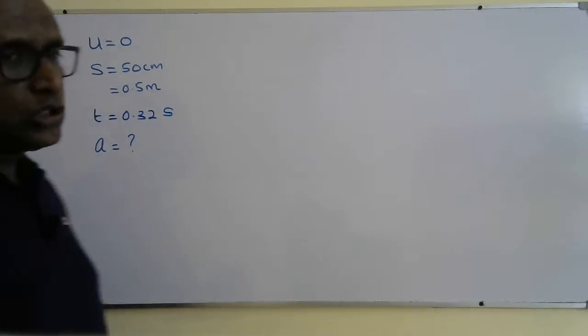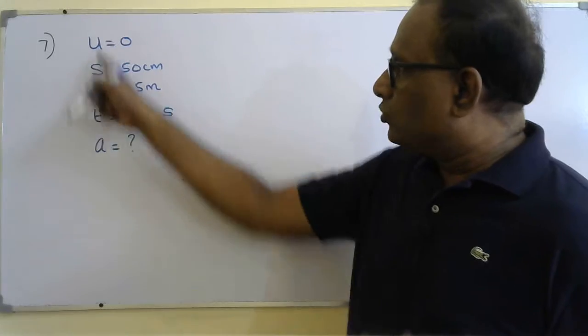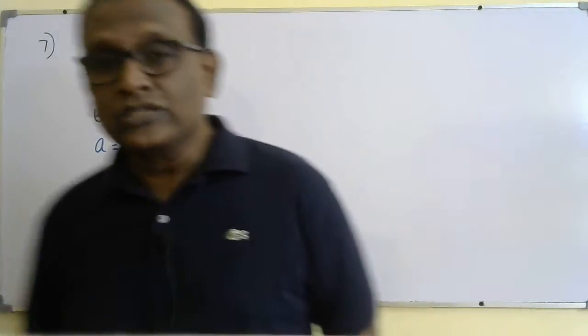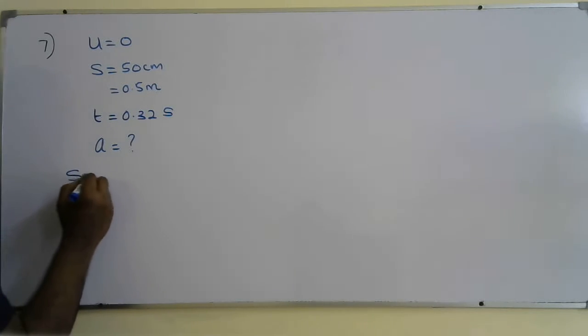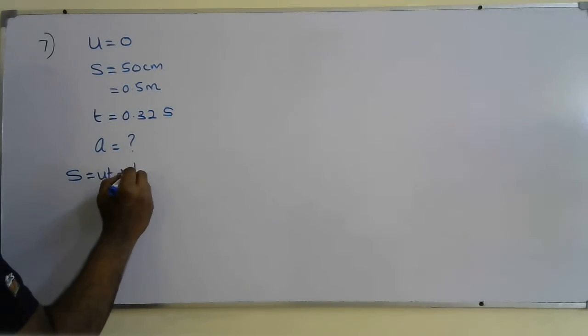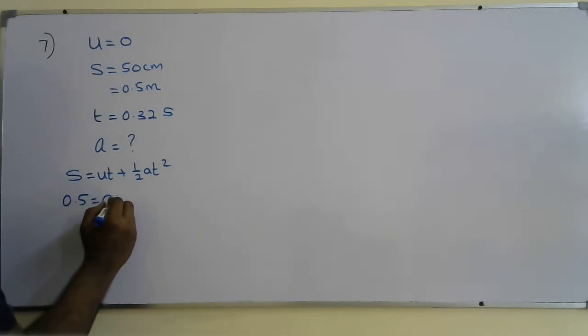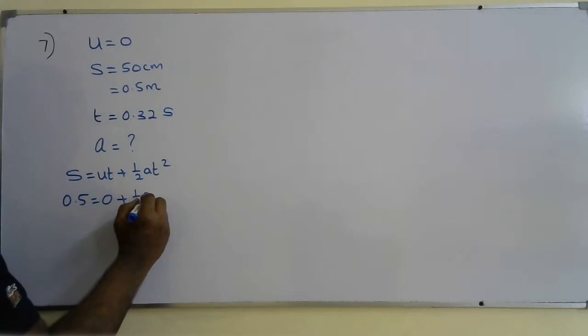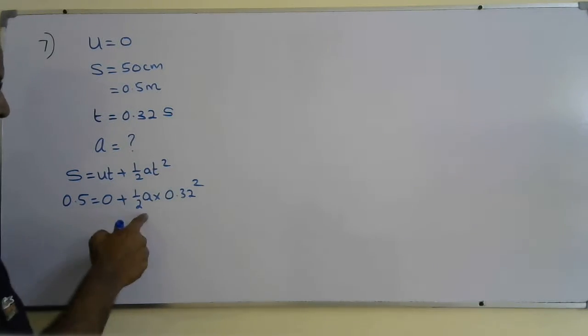The question is, what is the acceleration? So which is the suitable equation that we can use to find the a, using these given quantities? S equals ut plus half at squared. S is 0.5, u is 0, plus half a into t squared, 0.32 squared.